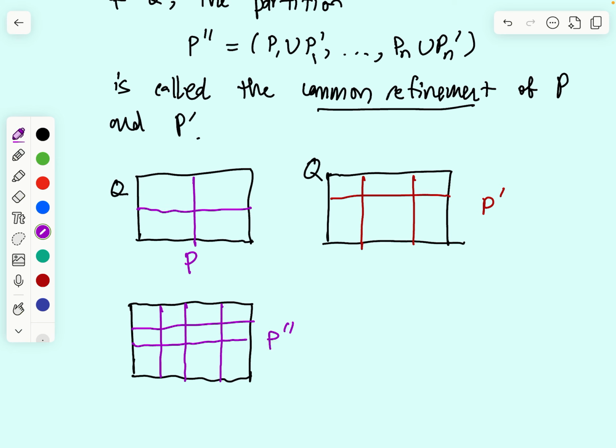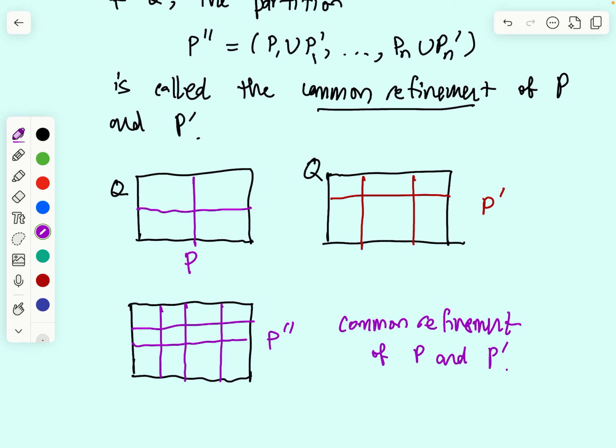That's the common refinement of P and P prime. It's a partition of Q, and it breaks Q up into more subrectangles.